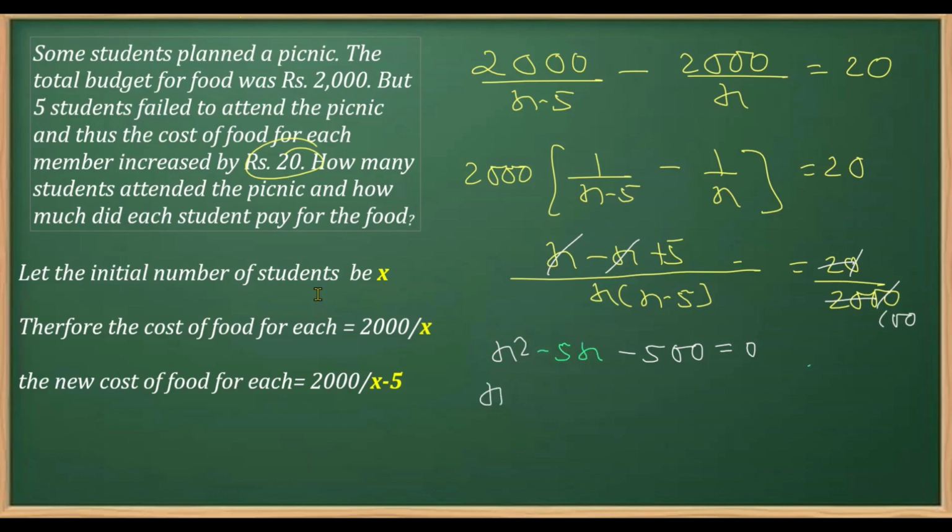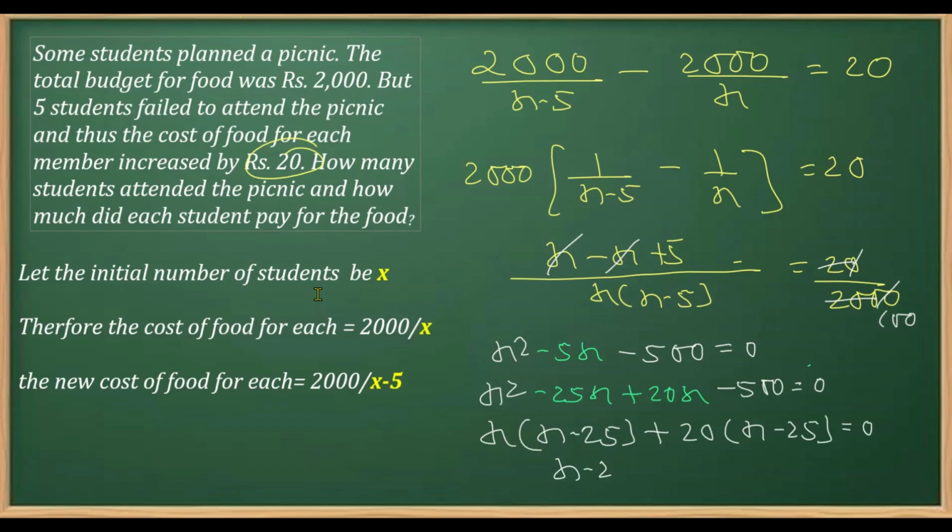This is x squared minus 25x plus 20x minus 500. So what is common between the first two terms is x, and this will be x minus 25. Taking 20 common from the last two terms gives you x minus 25 equal to 0. So finally it is x minus 25 and x plus 20 equals 0.